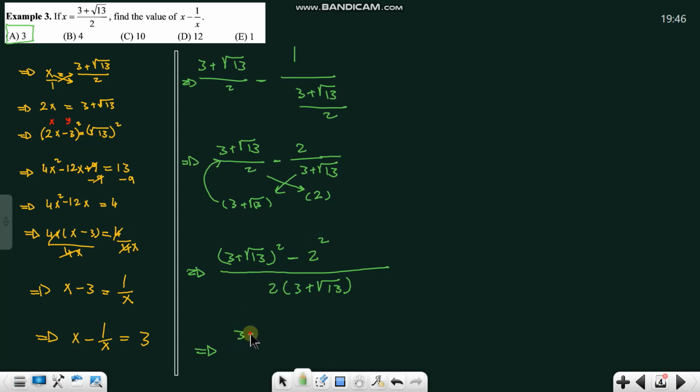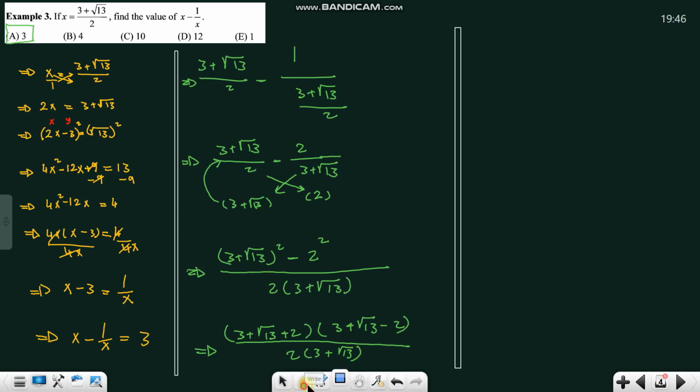It will be (3 plus square root 13 plus 2) times (3 plus square root 13 minus 2) over 2 times (3 plus square root 13). Okay, sorry, this one is a mistake.